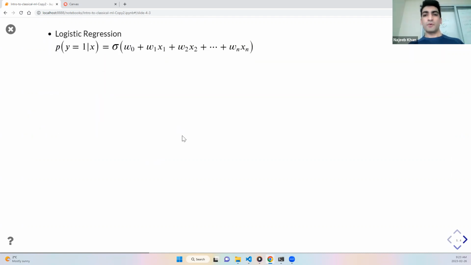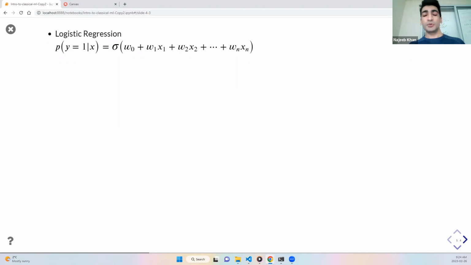So that was good for regression problems, but what if your problem is a classification task? For example, detecting whether there will be rain tomorrow or not, or whether a tumor is benign or malignant, or other classification problems. Then what do you do? For that, you use logistic regression.